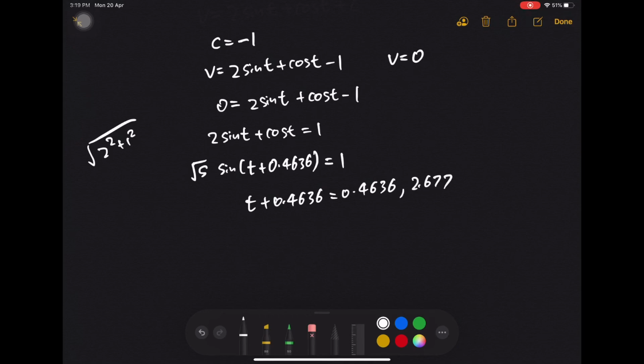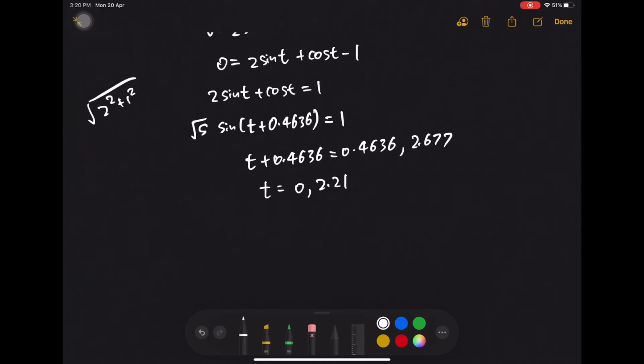And if you find your time, you get 0 and 2.21. So the particle comes to an instantaneous rest at these two timings, 0 second and 2.21 second. 0 second definitely because it's not moving at all, it's at the origin. So we're going to say that therefore time is 2.21 second when it comes to an instantaneous rest.